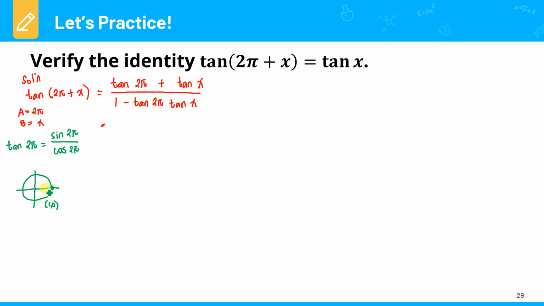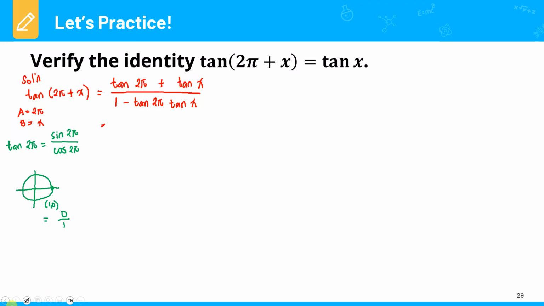Now again, take note that sine is the y and cosine is our x coordinate. In other words, we can now substitute: you have 0 over 1, which is equal to 0.